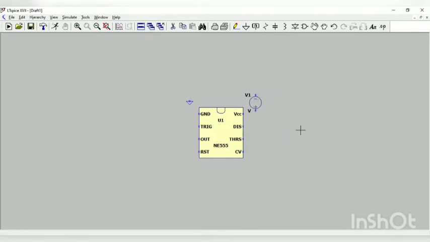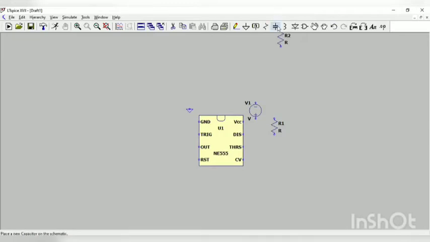Here is our voltage source. All right, and so we will need to put a resistor between VCC and discharge, and a capacitor between threshold and ground, and another between control voltage and ground. The time will be decided by R1 and C1, so let me make the connections.